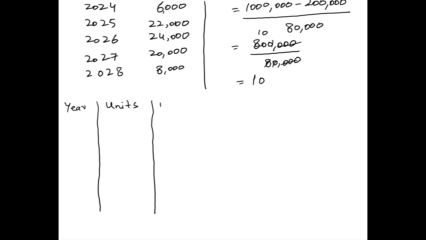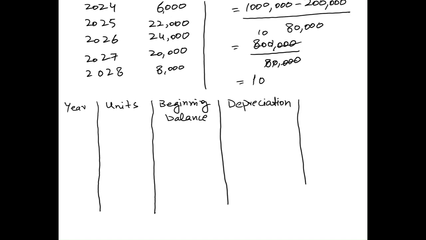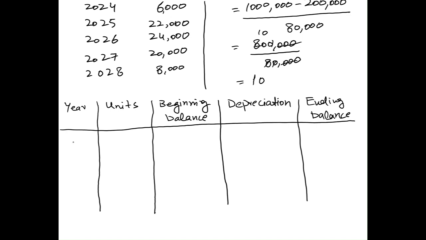So this will be beginning balance, this will be depreciation, and then this will be ending balance. Draw a line here.